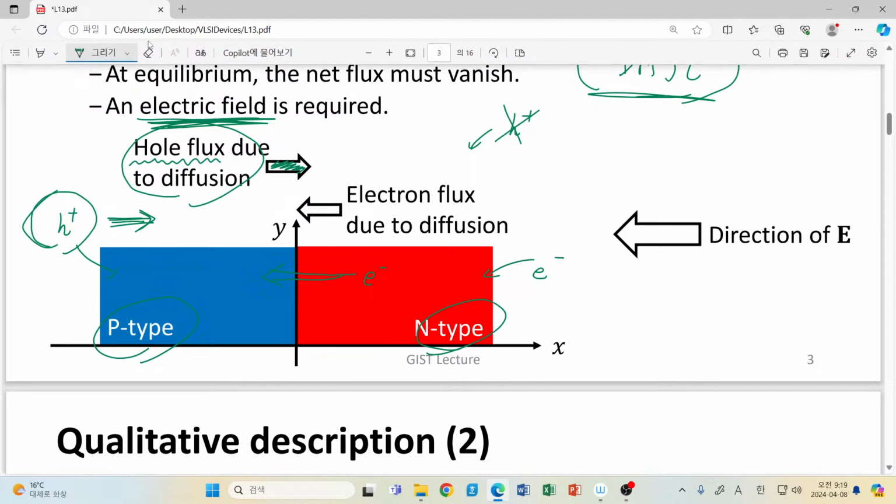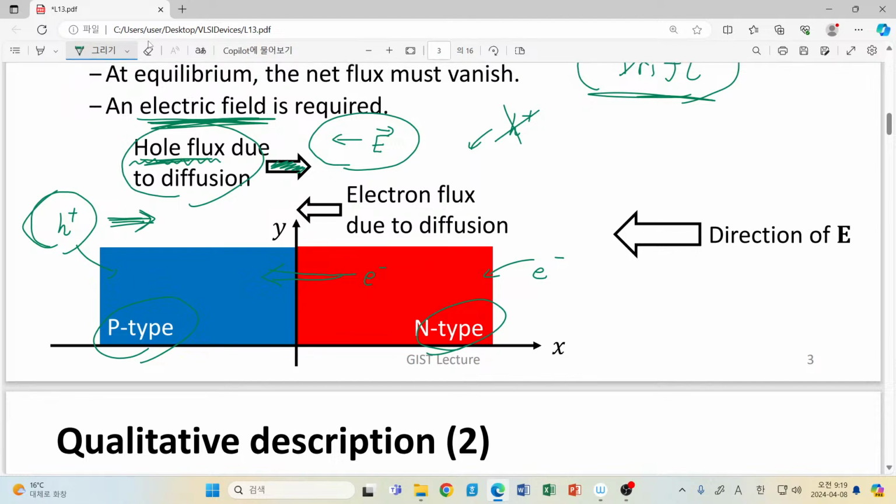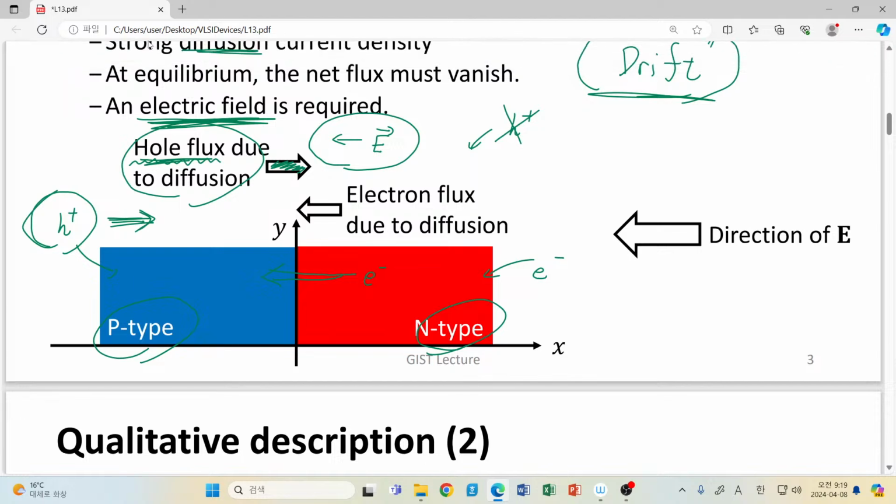So in order to push our holes back into their original position, the p-type region, the electric field should be headed in this way, because a hole is positively charged. The direction of the electric field is the same as the force experienced by our holes.